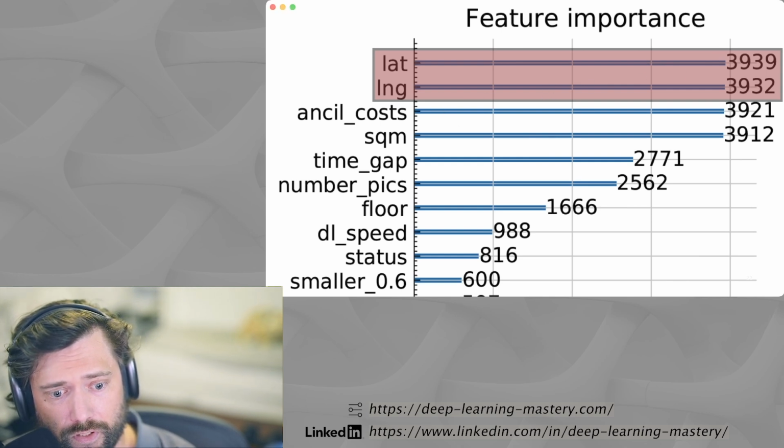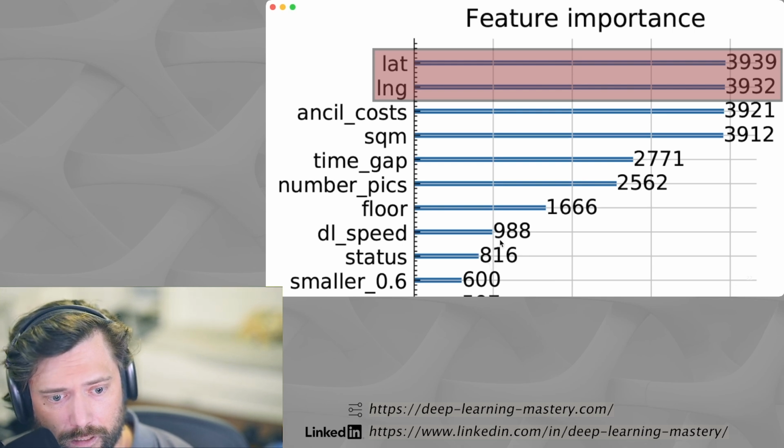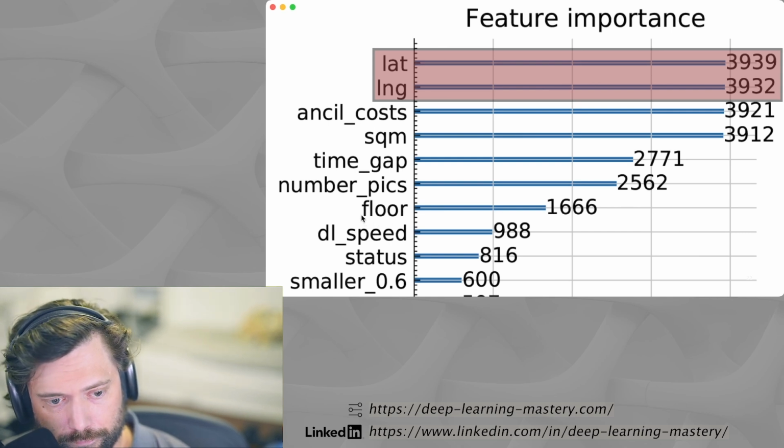So here, for example, we have the status. This was also a location-based feature that we added. And this one has an importance of 816. Now you can relate that to the importance of which floor the listed apartment was on, and you can say that is double.